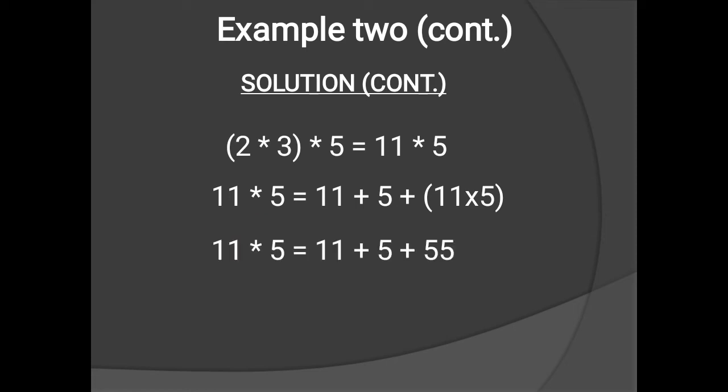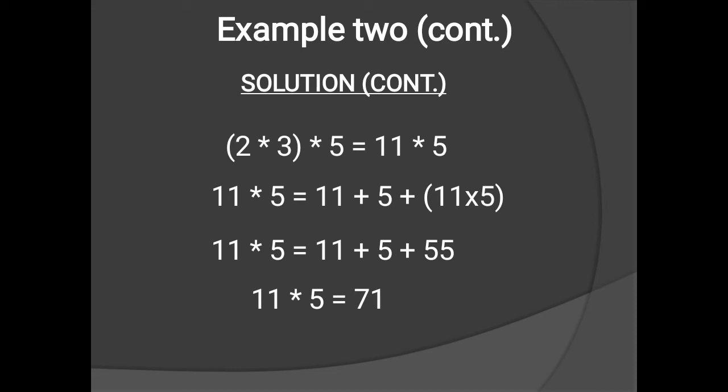So 11 operation 5 is 55 plus 5 plus 11. 55 plus 5 is 60, 60 plus 11 is 71. All right, so 11 operation 5 is equal to 71.